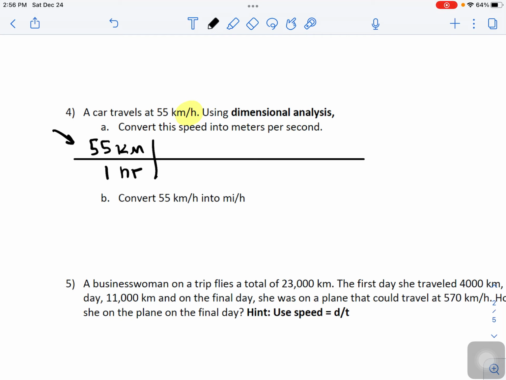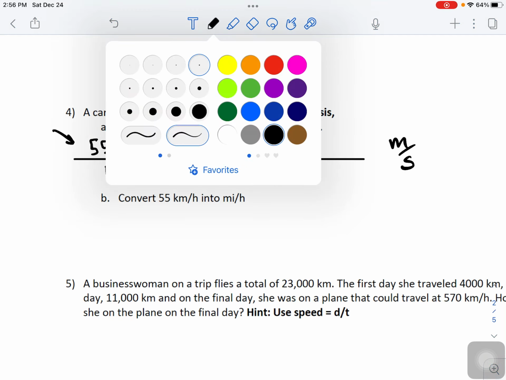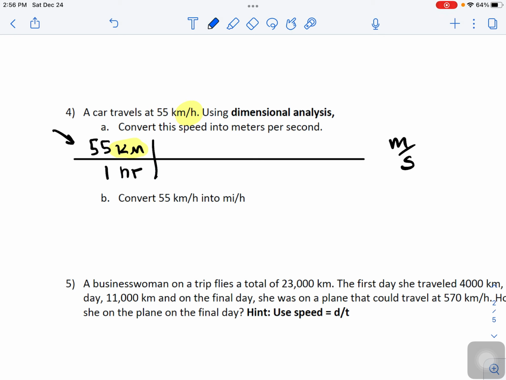Now, to get me to meters per second, I've got to get out of kilometers, so I have to know some sort of relationship between kilometers and meters. And if I go to my chart that has all the conversions that you'll have access to, there are 1,000 meters equals 1 km.